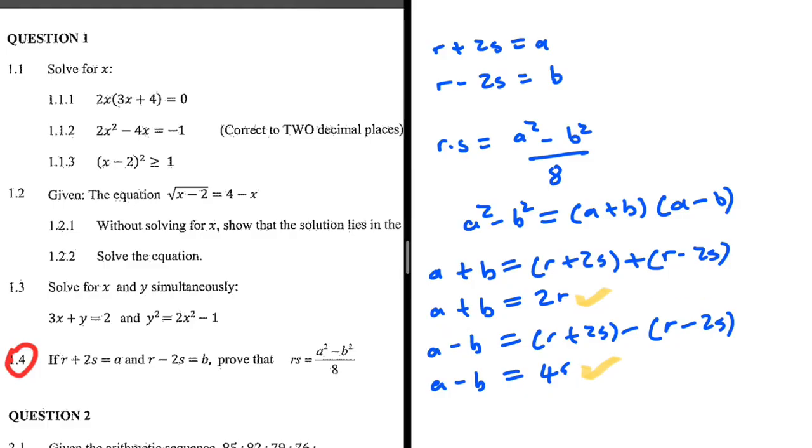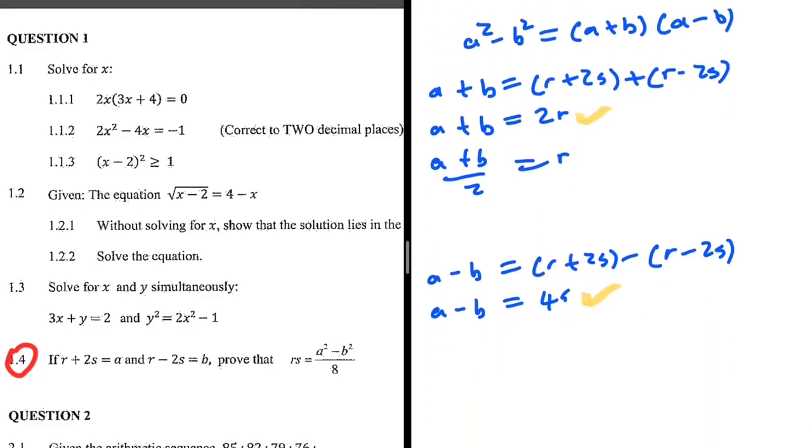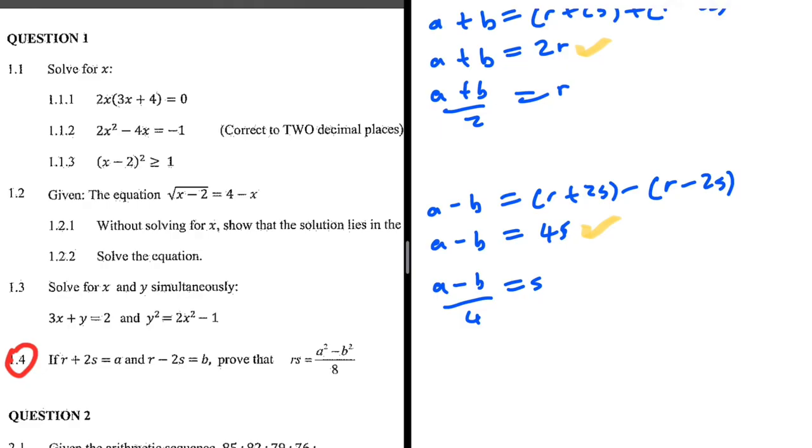If in this equation we make r the subject of the formula, we get a plus b divided by 2 equal to r. And in this equation, if we make s the subject of the formula, we get a minus b divided by 4 equal to s. So r multiplied by s will be equal to a plus b over 2 multiplied by a minus b over 4.